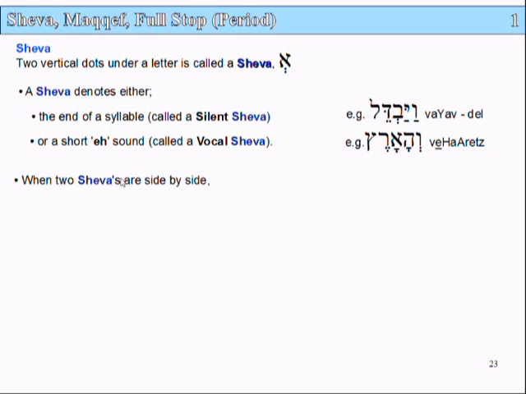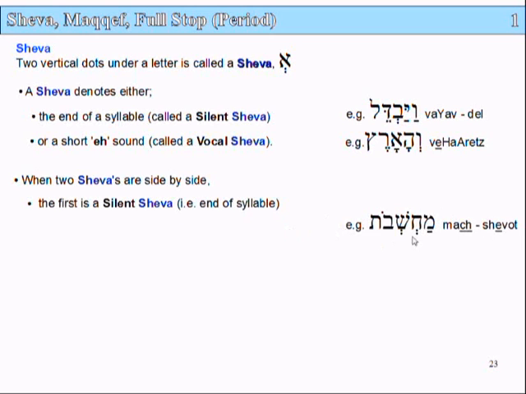But when we have two Shevas side by side, the first is a silent Sheva. Here we have mach, so that's saying it's the end of the syllable, mach. And the second Sheva is a vocal Sheva, and that's meaning it's a short sound. So it's mach shivot.